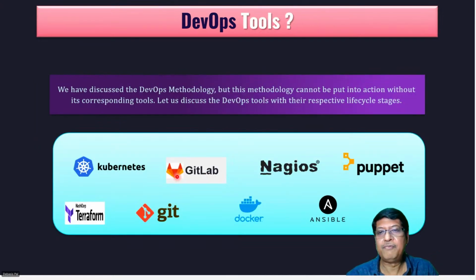So these are the very important tools that we are going to learn. Nagios, I told you, is a monitoring tool mainly for the operations. We would be learning Puppet. Instead of Puppet, we are going to learn Ansible, which is a configuration management tool.